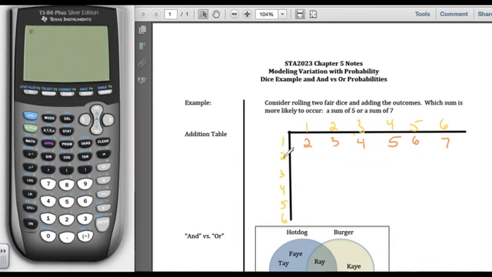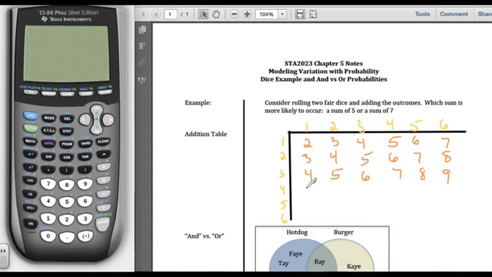For this second row, 2 and 1 would give me 3. 2 and 2 would give me 4. And it's just going to walk its way up to 8. For the third row, it's going to start with a 4 from that 3 and 1, then go to a 5. And you begin to see a pattern both horizontally, going up by 1, as well as vertically. If you go down the column, it goes up by 1.